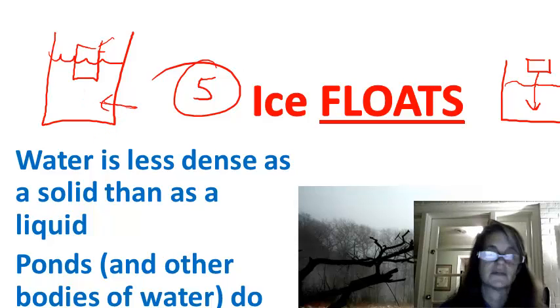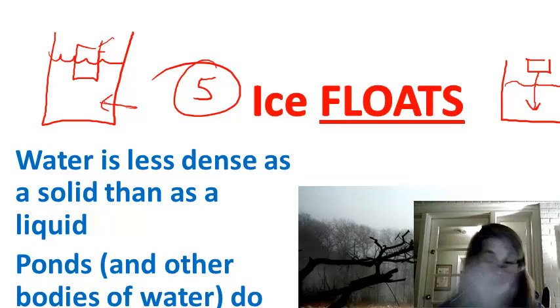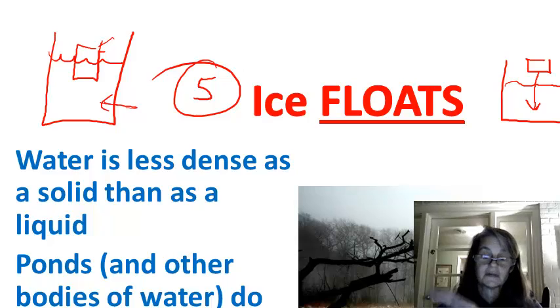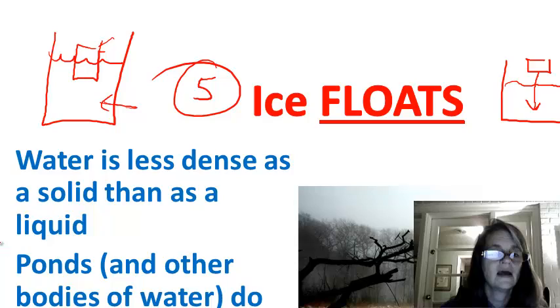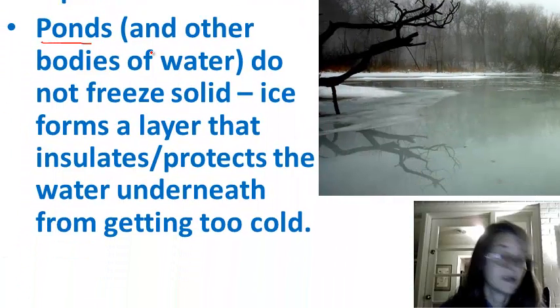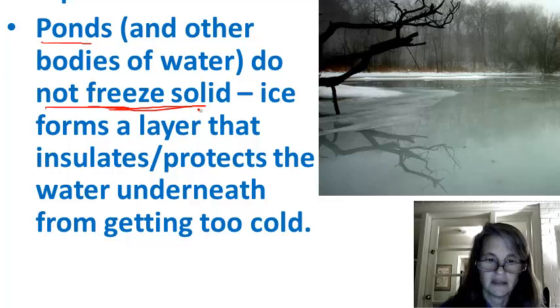Why do we care in terms of life on Earth? Hugely important for life on Earth, which certainly started in water, okay? Ponds and all other bodies of water do not freeze solid, usually. If you have a really shallow body of water, then maybe so.